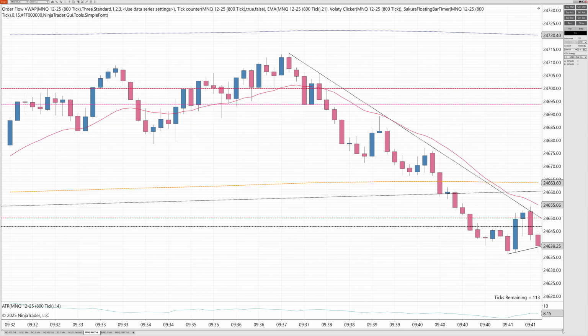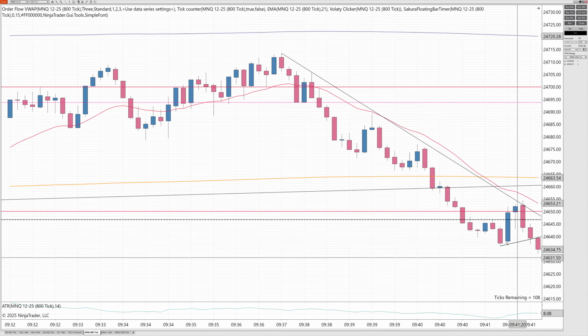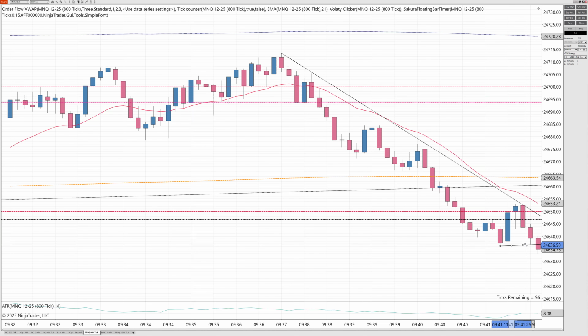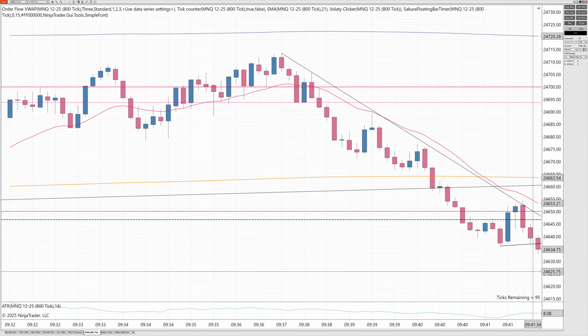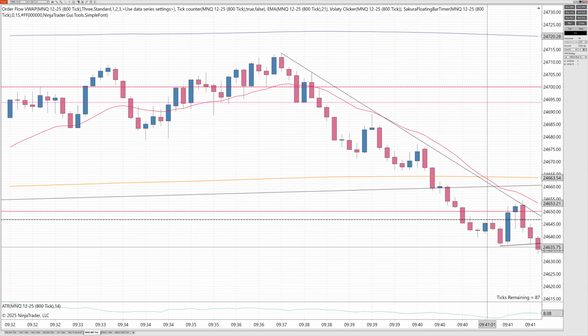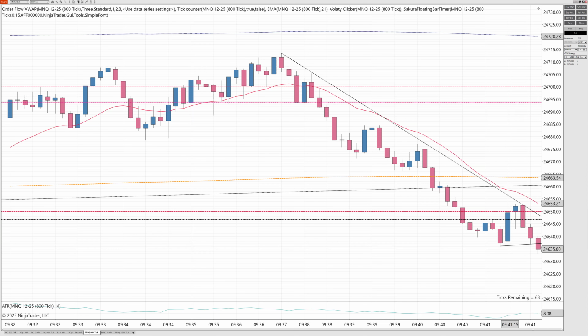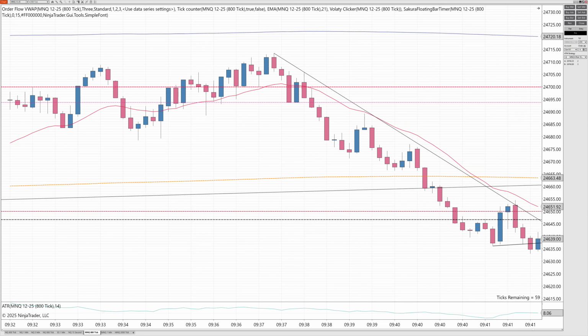And now I'm basically waiting for a candle such as this one right here that broke this downward trend line to go back down, but it never triggered. So we're just going to keep waiting and being patient.